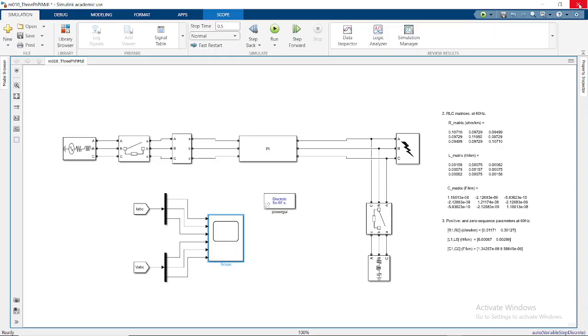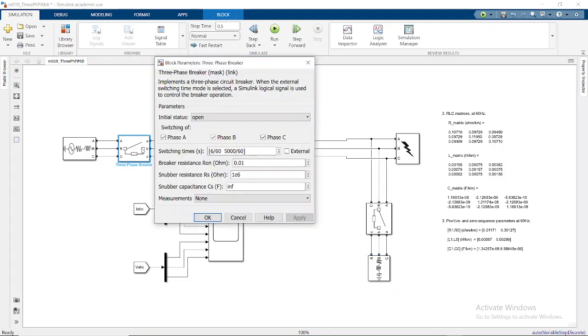And what we are simulating now I will explain. We are simulating the charging of the line. First we will charge the open circuit line; we will not charge the load. How? By making this circuit breaker on.